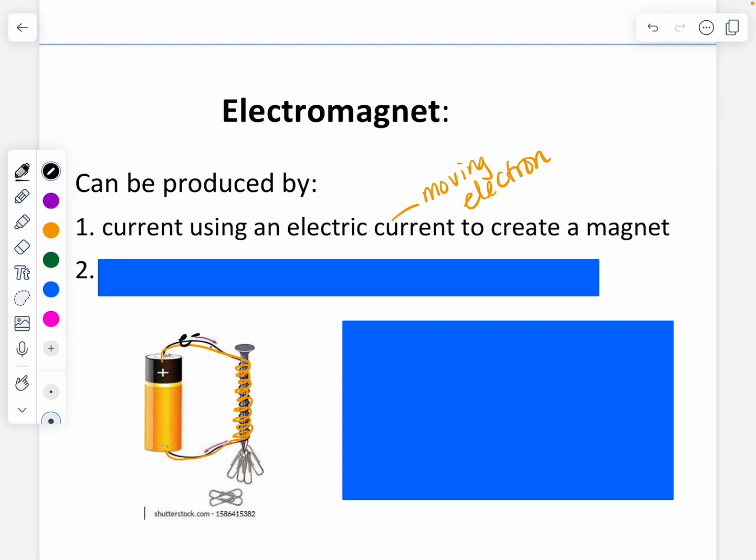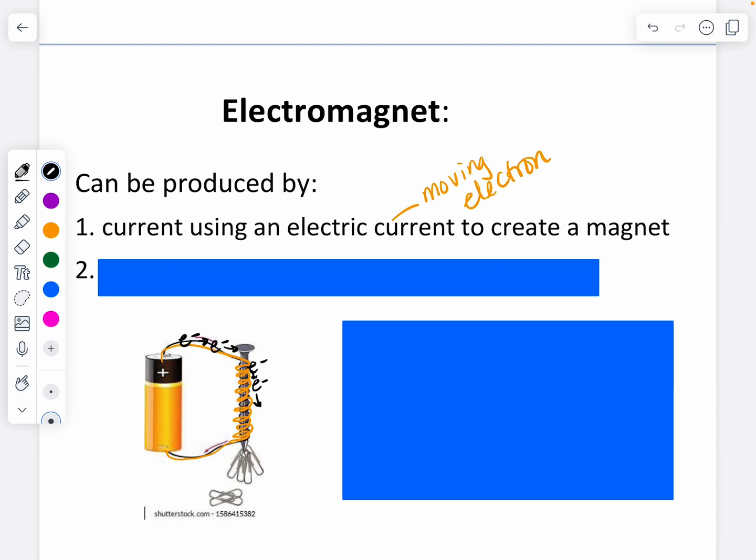Once these electrons begin moving, moving electrons also have magnetic properties. So as these electrons are moving through the wire, they are going to then induce, which is just a fancy word for create, a magnetic field.